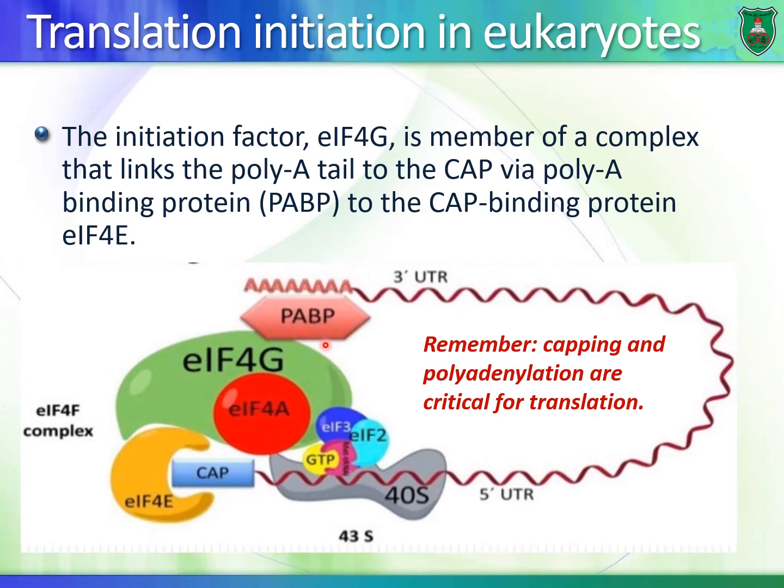So once you have this interaction right here, that would facilitate the association of the large ribosomal subunit and the initiation of translation at the AUG that comes right after this interaction. Okay.